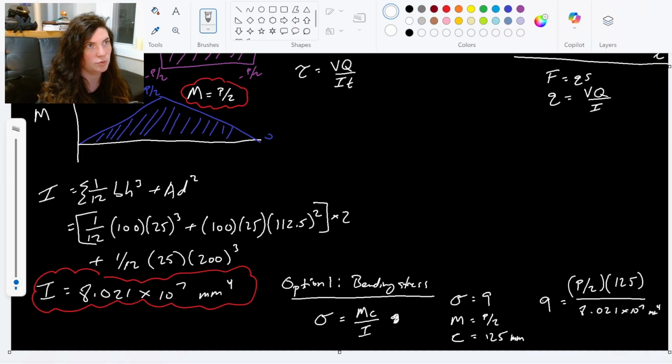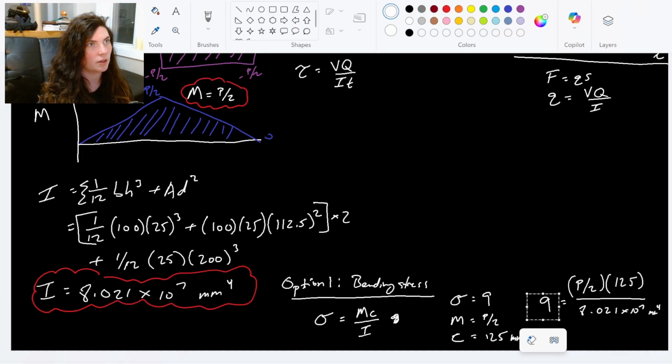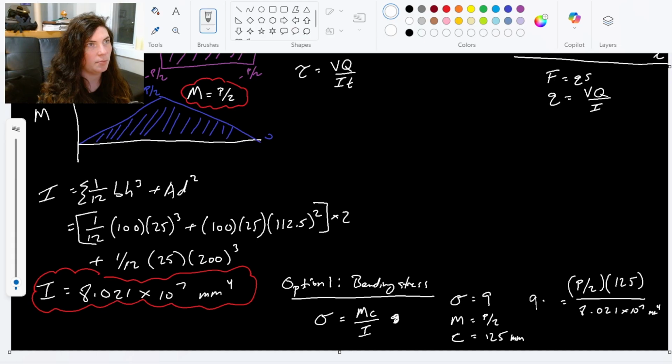So all of my units are in millimeters, right? This is newtons per millimeter squared. 9 megapascals is newtons per millimeter squared. So everything's in millimeters, and my load will come out to be in newtons.